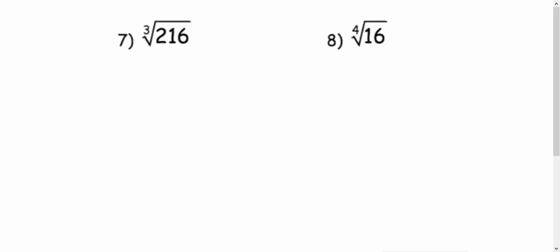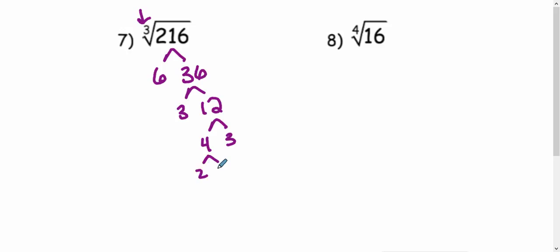All right, problem 7. What is our index? It's 3. Perfect. So, start by breaking down 216. 6 times 36, 3 times 12, 4 times 3, this is 2 times 2.